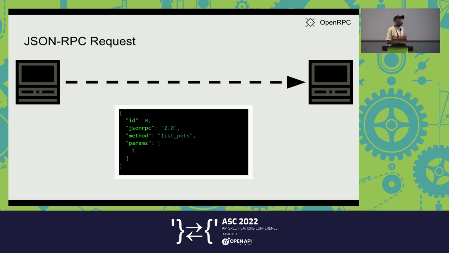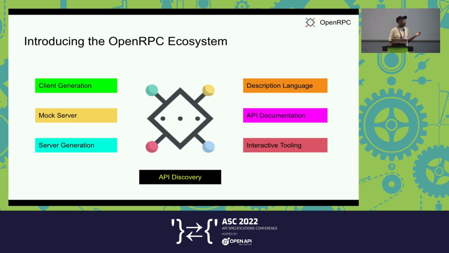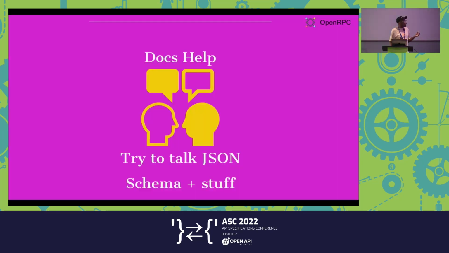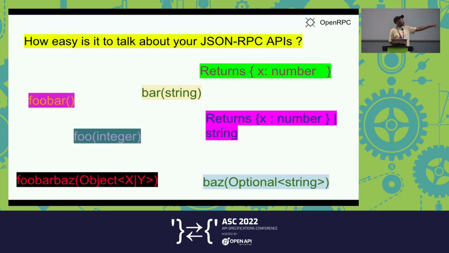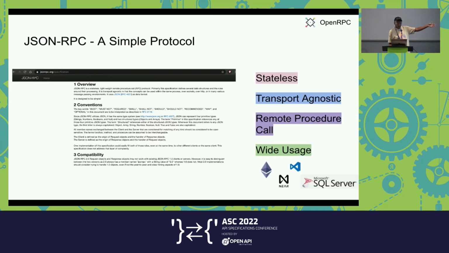And then it consists of a method and params. In this case the method would be foobar, and the value for your arguments would be like an integer and that kind of format.